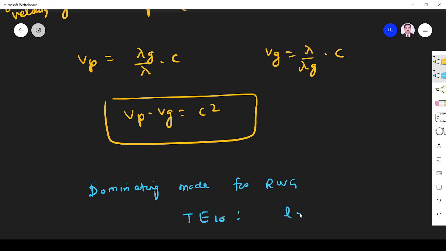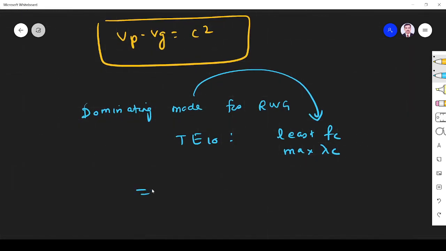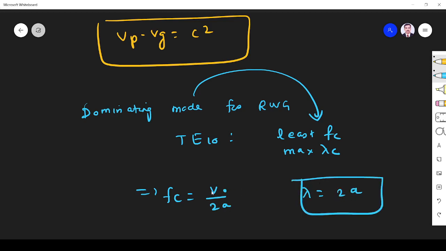It is the mode with the least cutoff frequency or maximum cutoff wavelength. TE10 is in that category. For this, the cutoff frequency is V0 by 2A, and lambda C is equal to 2A. You can use this for problem solving.